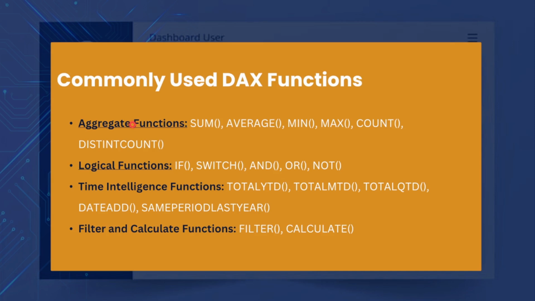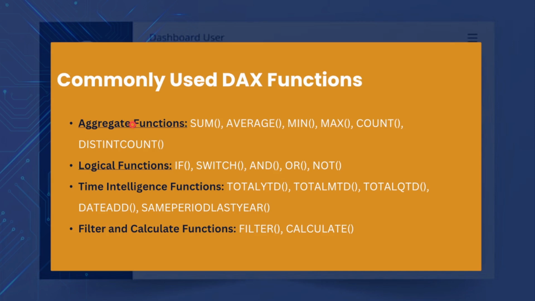And then you have the logical functions. You have IF, SWITCH is like IFS in Excel, so like multiple IF conditions. And then you have AND, OR, NOT. These are all functions that you can use in DAX. They're called logical functions. And then you have time intelligence functions.